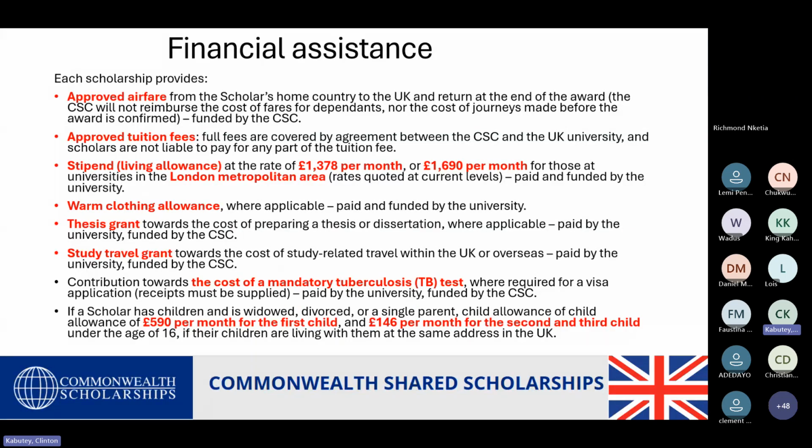And if you are widowed, divorced, or a single parent, you're also given a child allowance of £590 per month for the first child, and £146 per month for the second and third children if they are under the age of 16 and living with you at the same address in the UK.